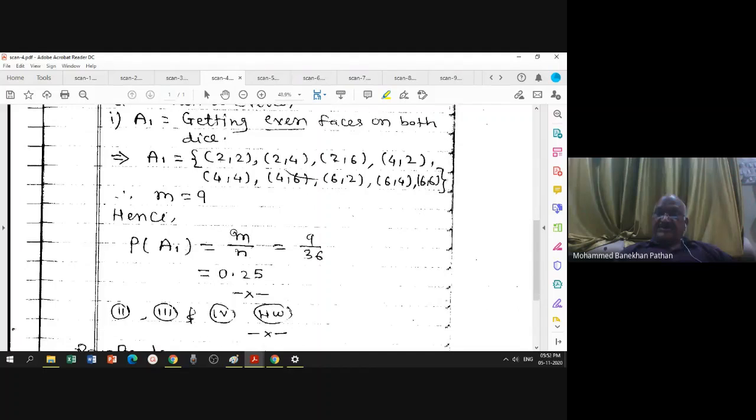Therefore, by the classical approach, the chance of getting this event in the experiment is 9 upon 36. It is simplified as 1 by 4, and 1 by 4 is nothing but 0.25. If I try to interpret this number, it says if you repeat the experiment 100 times, there is a chance of 25% to get this event in your experiment.